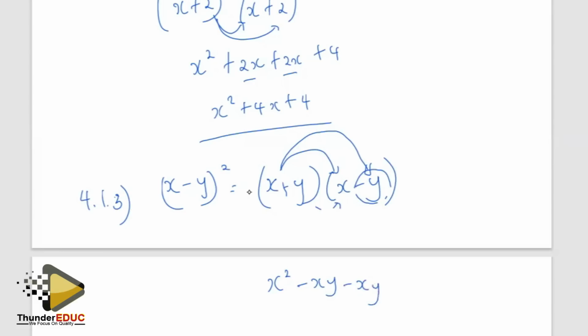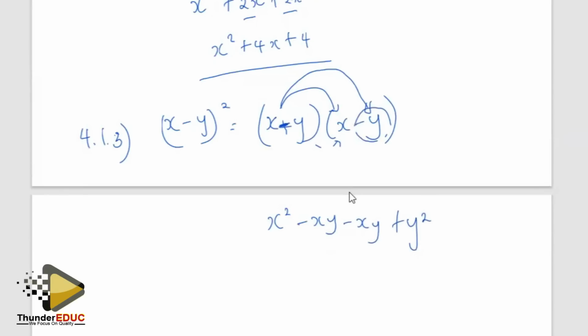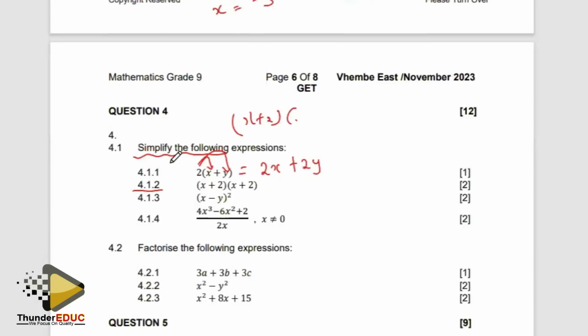Then a negative y multiplied by negative y, we get a positive y squared. So if that is what we have, we need to just collect the like terms, which here are the middle terms. So it's x squared minus 2xy plus y squared. That becomes the expression for that.